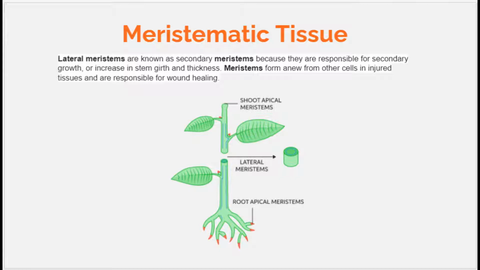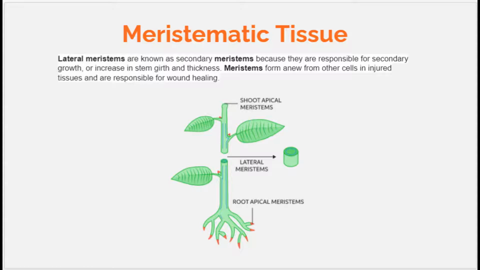They arise because of the presence of lateral meristem. Since lateral meristem is present in these regions of the plant, it causes the growth in girth of the stem and root. That means the thickness of the plant increases due to the presence of lateral meristem. They are responsible for secondary growth also.